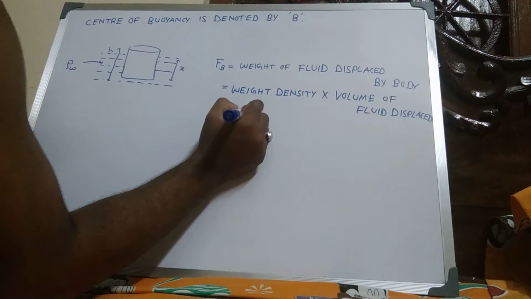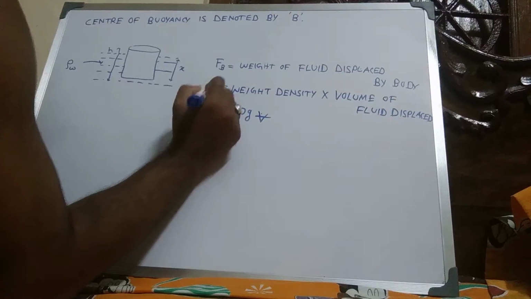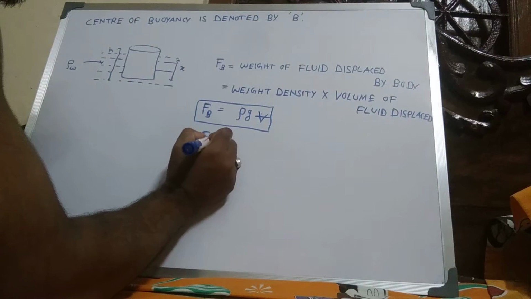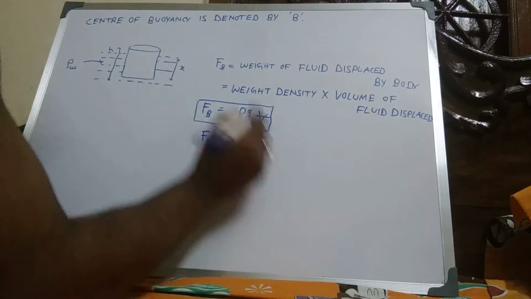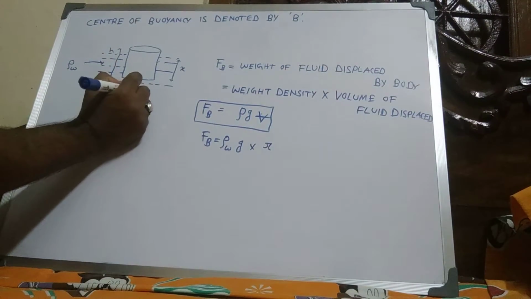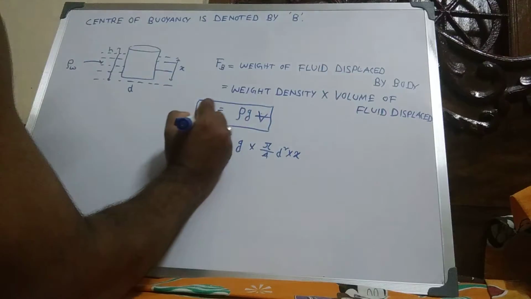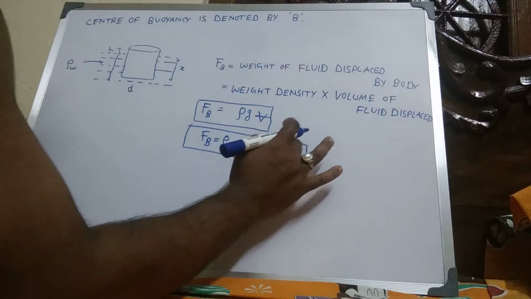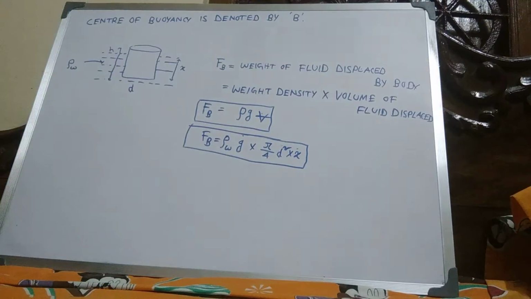Weight density means rho g into volume. And in this figure, buoyancy force equals rho into g into displaced volume, pi by 4 d square into x, where d is the diameter. This is the buoyancy force.